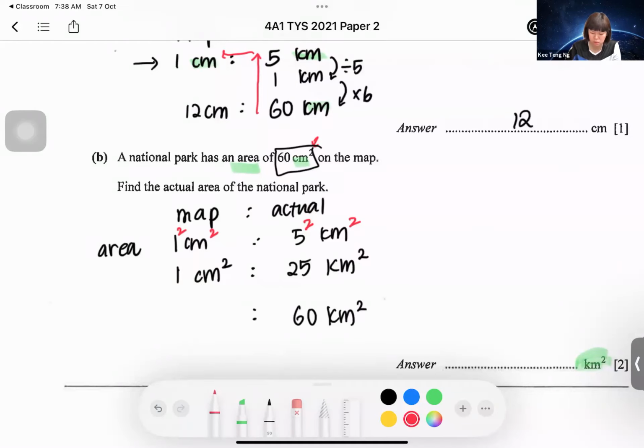Okay, so some of you may do the direct working, 60 divided by 25 times 1. Or some of you may divide by 25 to get 1 kilometer, then after that you times 25.